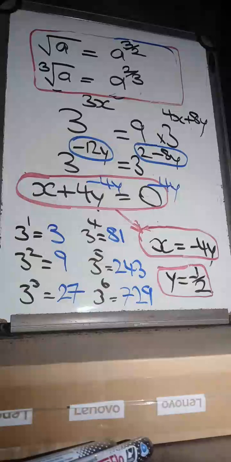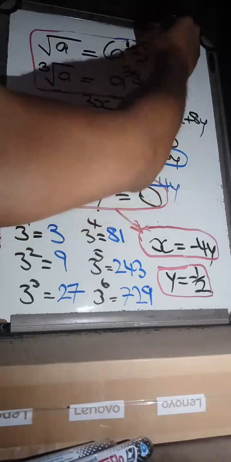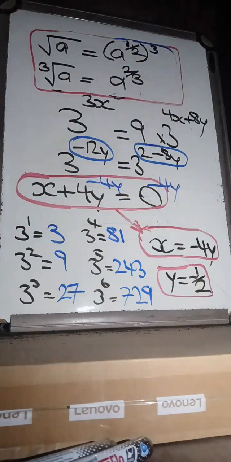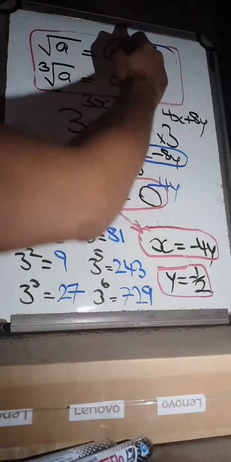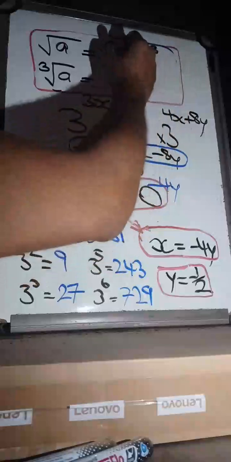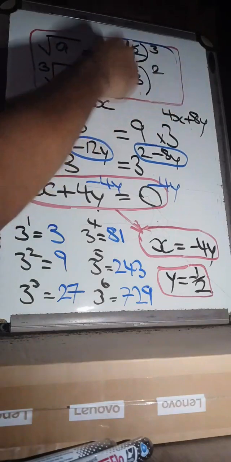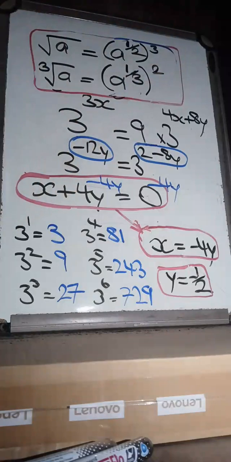Well, imagine it like this. What you had before was 1 over 2. Well, if you were to separate that, the a raised to the 1 over 2 has a 3 on the outside. And the a raised to the 1 over 3 has a 2 on the outside. So what that basically means is, the first thing you do, cube root it, then square it. Or, first thing you do, square root it, then cube it.